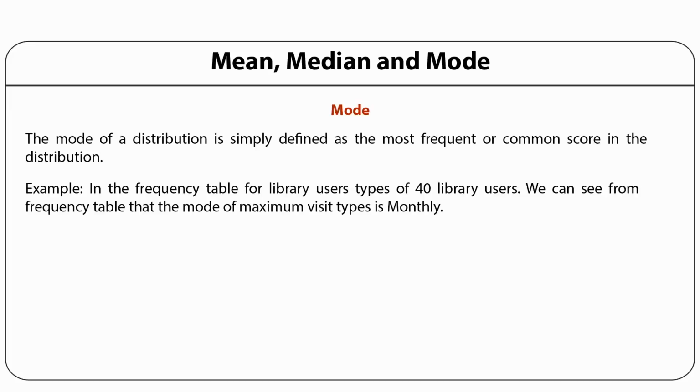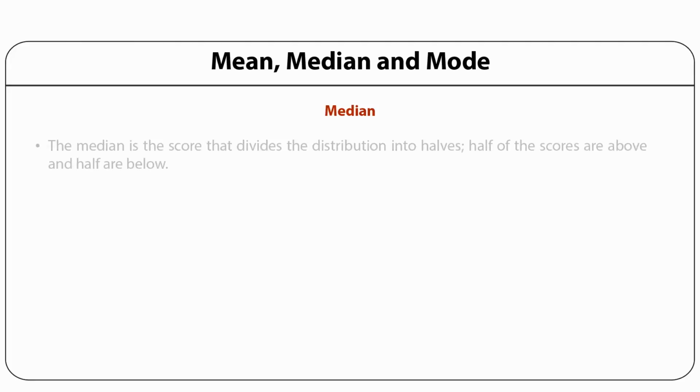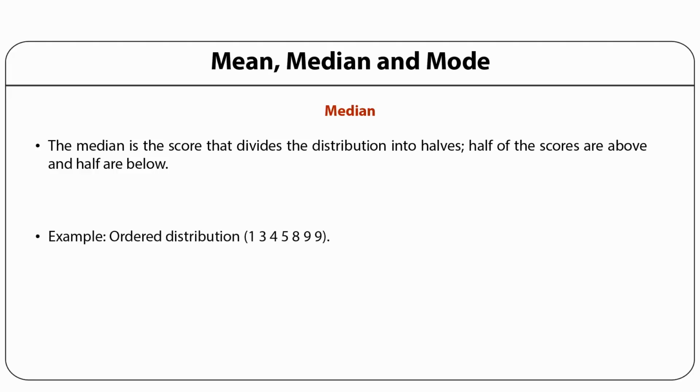scale. Median is basically the score that divides the distribution, or the frequency distribution, into halves. This is better understood if we take an ordered distribution like 1, 3, 4, 5, 6, 4, 5, 8, 9, 9, the number of usages of books.